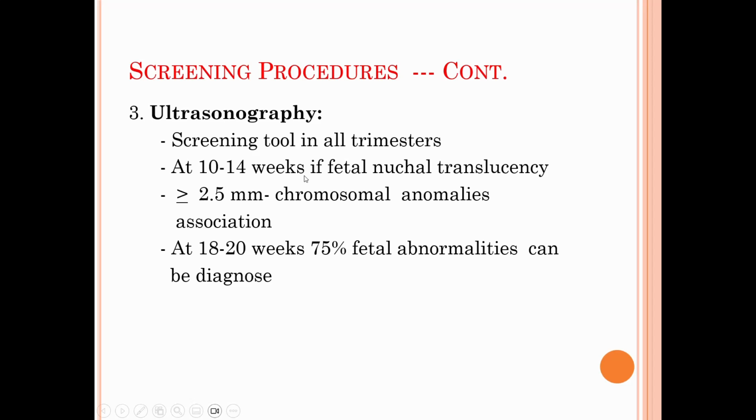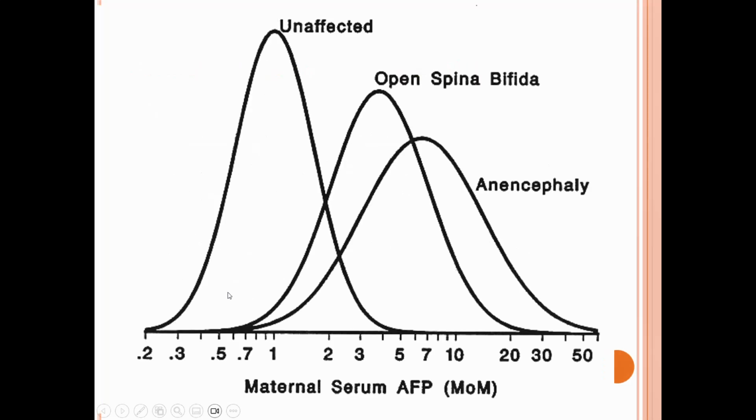At 10 to 14 weeks, if fetal nuchal translucency is more than 2.5 millimeter, chromosomal anomalies are present. At 18 to 20 weeks, 75% of fetal abnormalities can be diagnosed using the ultrasound. You can see here the level of maternal serum alpha fetoprotein. In case of unaffected, this will be the level.